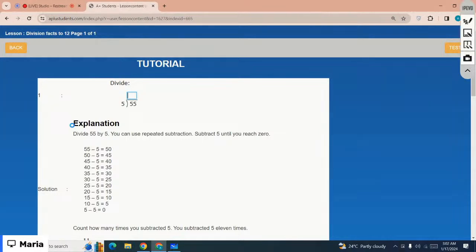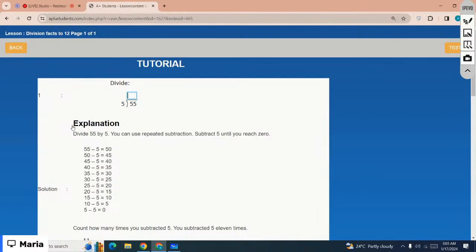So basically we're going to learn how we divide, right? Division is repeated subtraction. You can subtract again and again until you get zero, right? For example, just look at the one that is right now on the board, 55 divided by 5.